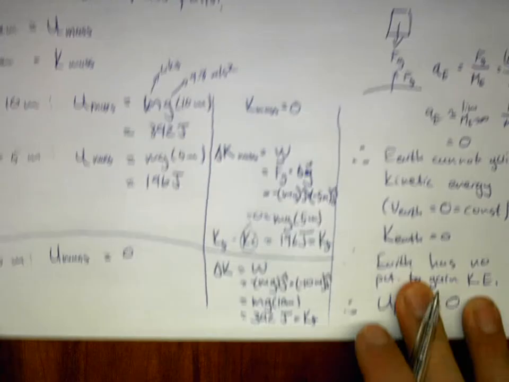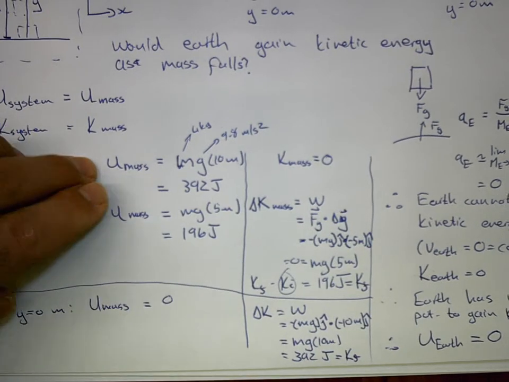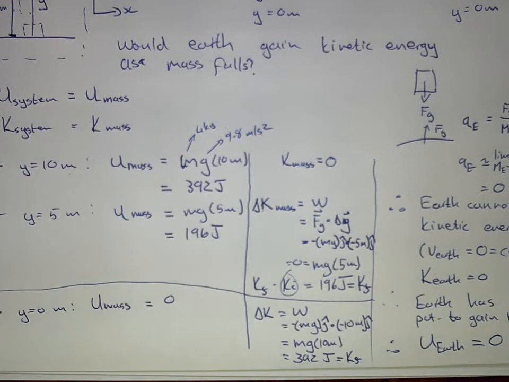Okay, so we've calculated the potential energies and the kinetic energies of the entire system now for a couple of different points in the motion. And the next question is, what is the sum of the system kinetic energy and the system potential energy at every single point?